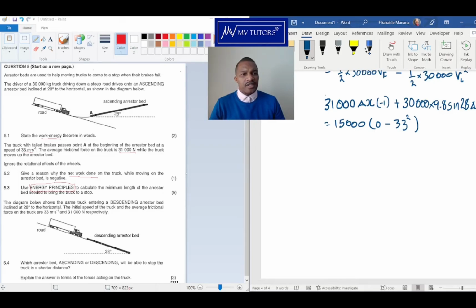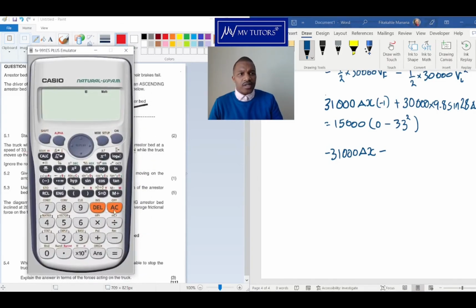mathematical gymnastics, where I will have this side, minus 31,000 change in x, minus that one. Let me just put it in a calculator real quickly.